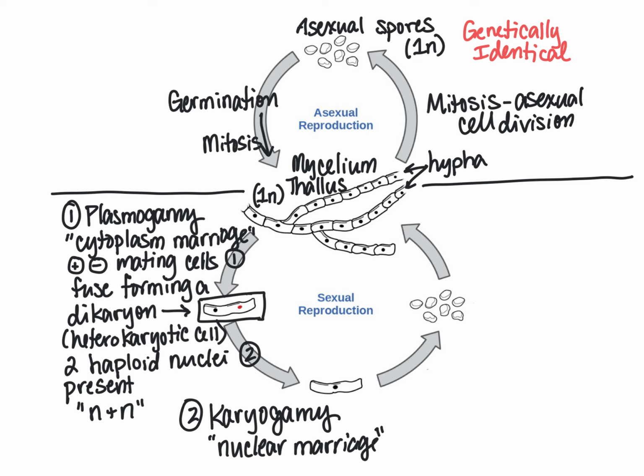During this process, the two haploid nuclei fuse to form a diploid nucleus. The cell that is formed during this process is known as a zygote.